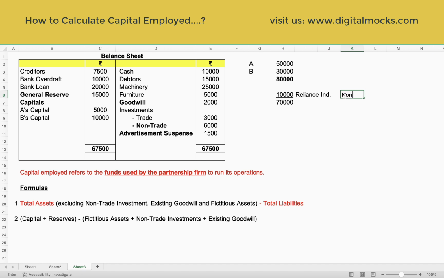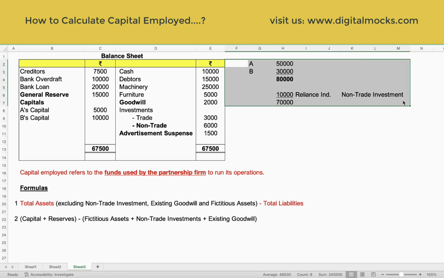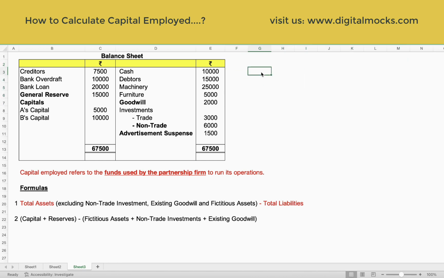So that's why it is called non-trade investment. Clear? So this is the meaning of capital employed. Capital employed doesn't mean how much partners have invested. Capital employed means how much of that investment the firm is using as funds, right?